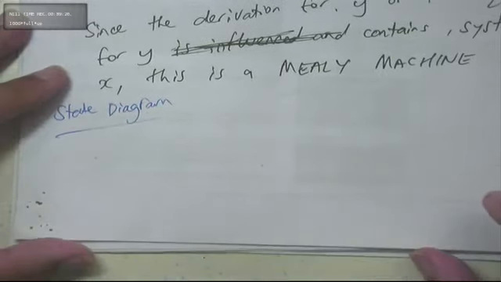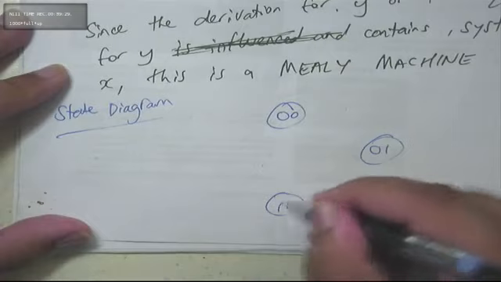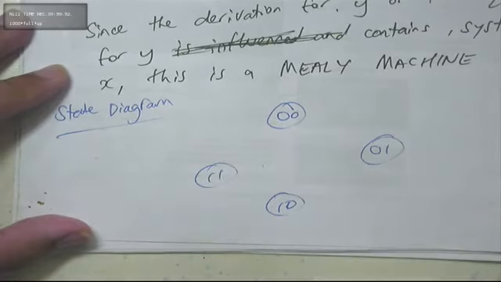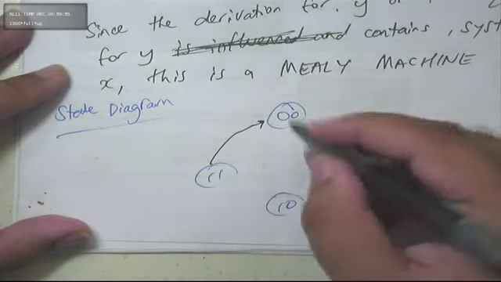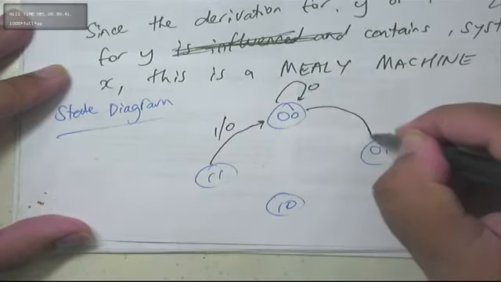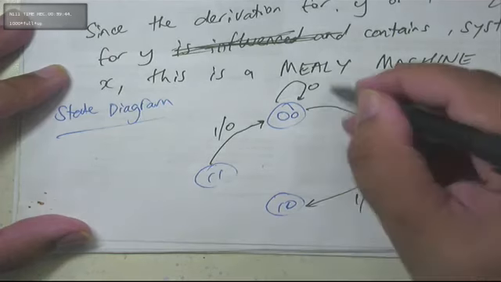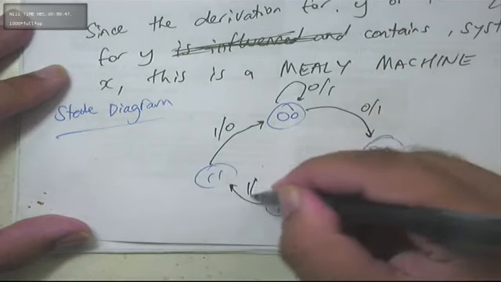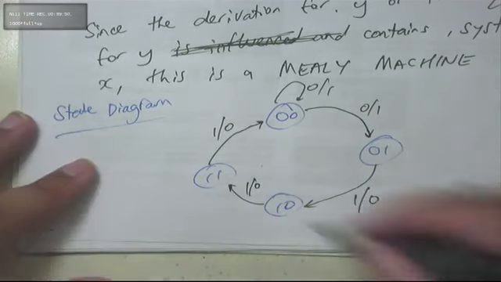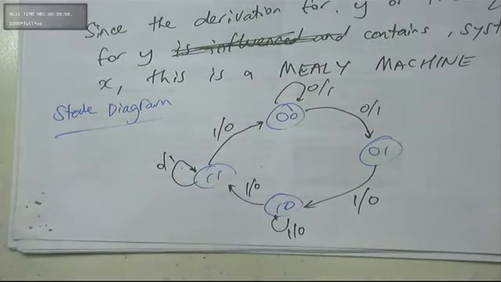So the state diagram: 00, 01, 10, 11. Okay. The state diagram is normal.